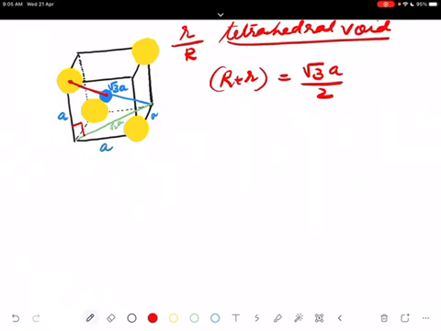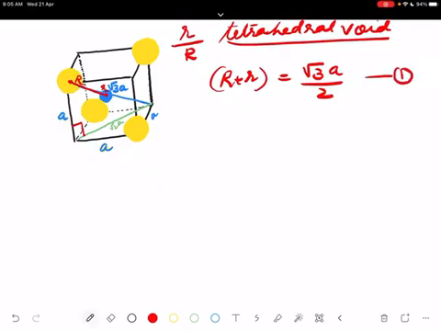So the interparticle distance, from the center of the yellow ball to the center of the blue ball, is capital R plus small r, since they are touching each other. So R plus r is equal to root 3a divided by 2. This is equation number 1.